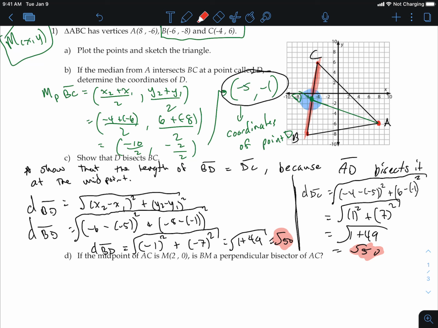Because those two things are equal on either side, I found two lengths and they're both equal. That means the point D that we found was truly the midpoint, because it gave you two equal pieces on either side. We proved that.